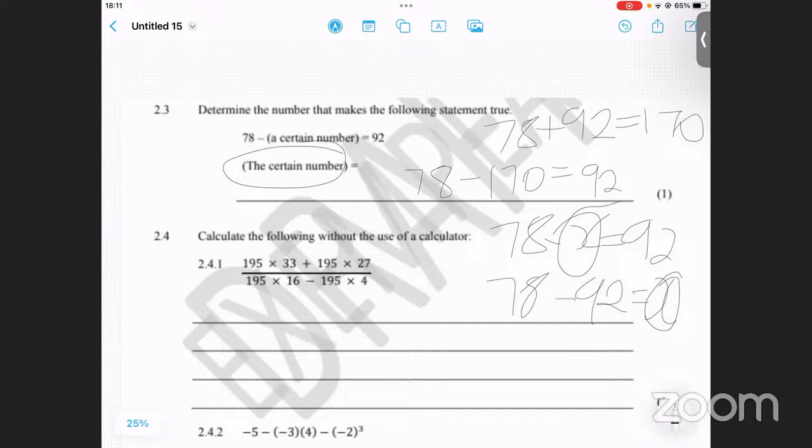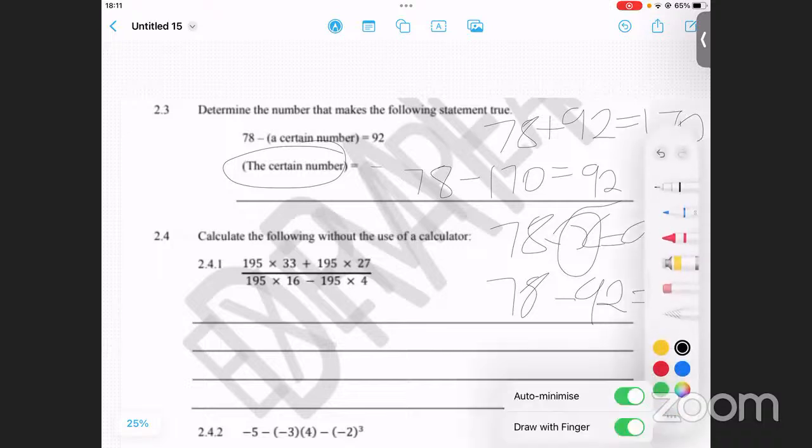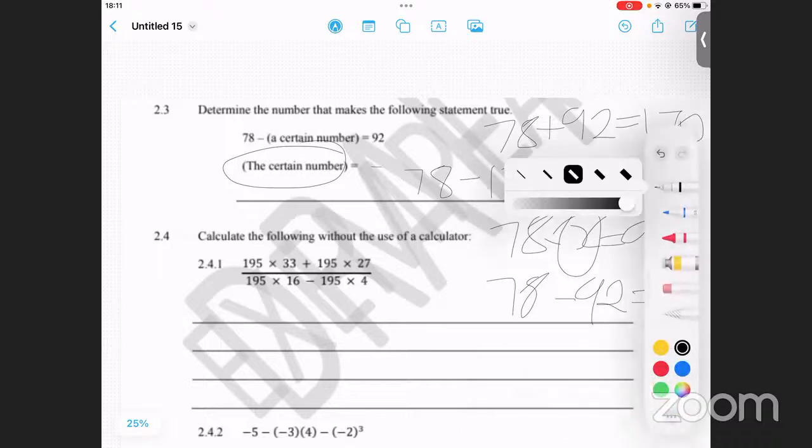So the number is going to change into a positive. Yeah, do you guys get it? Yes, ma'am. And how much are you getting? Ma'am, negative 14. Negative 14. That means our answer is negative 14, right?